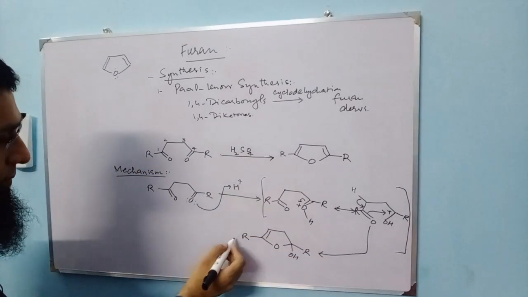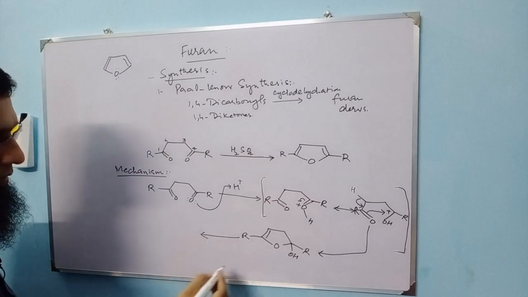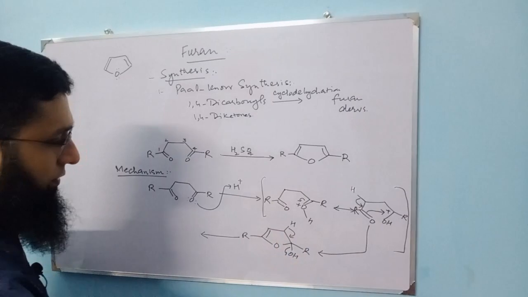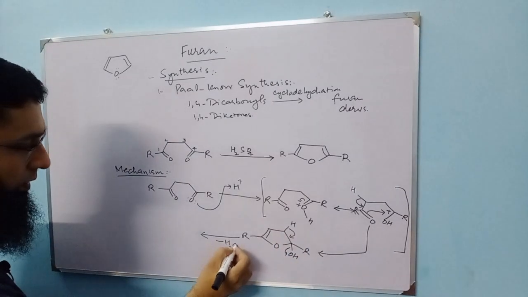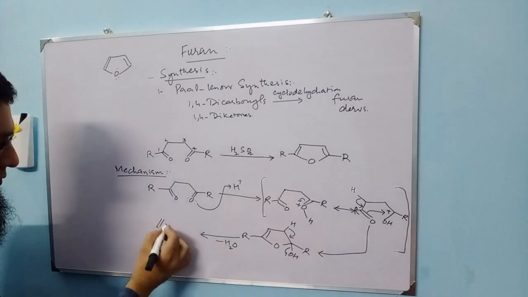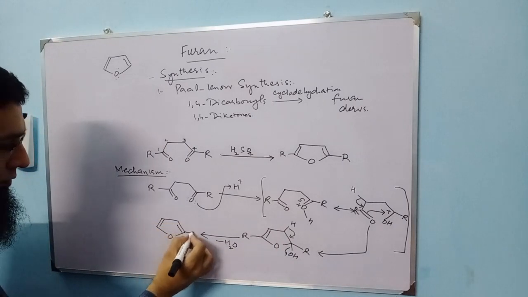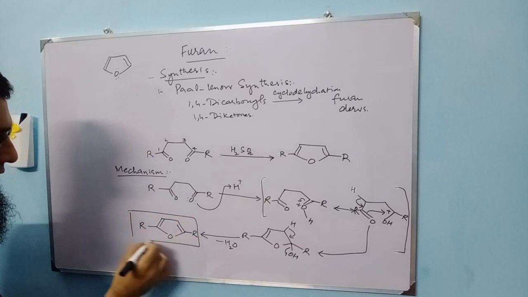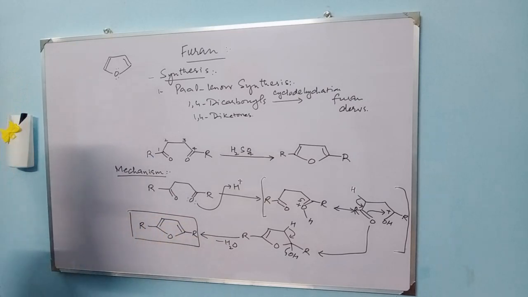In the final step, loss of water takes place once again. So we get 2,5-disubstituted furan.